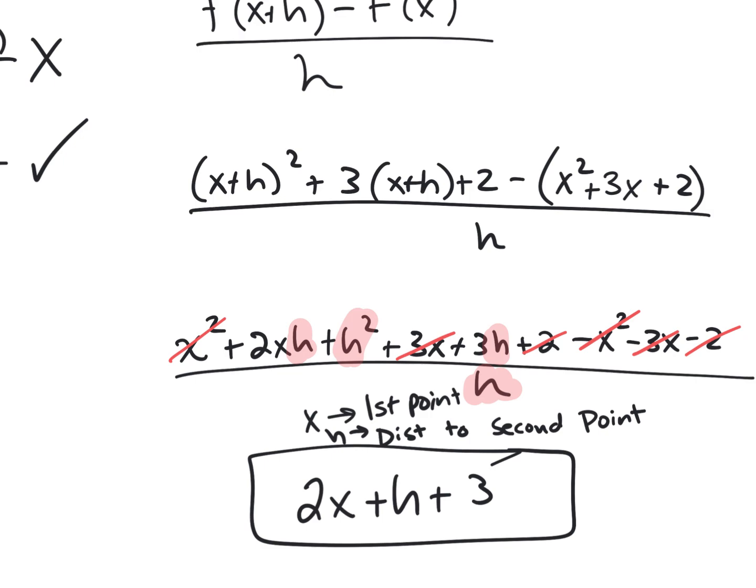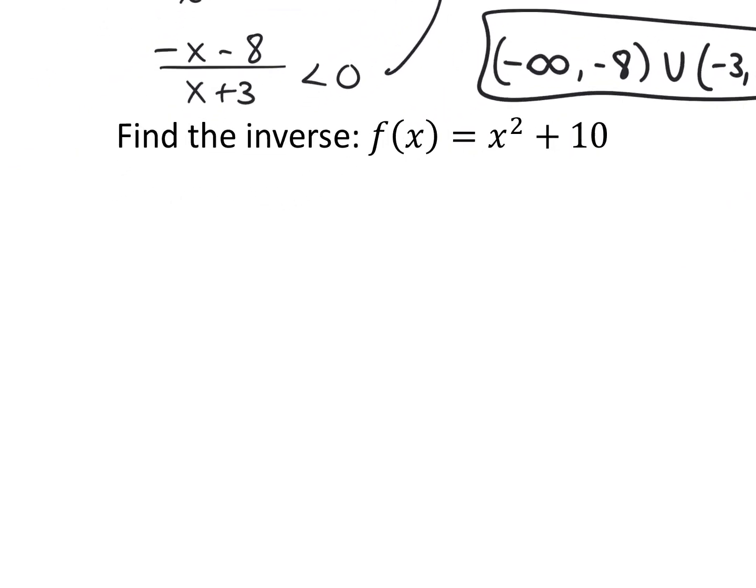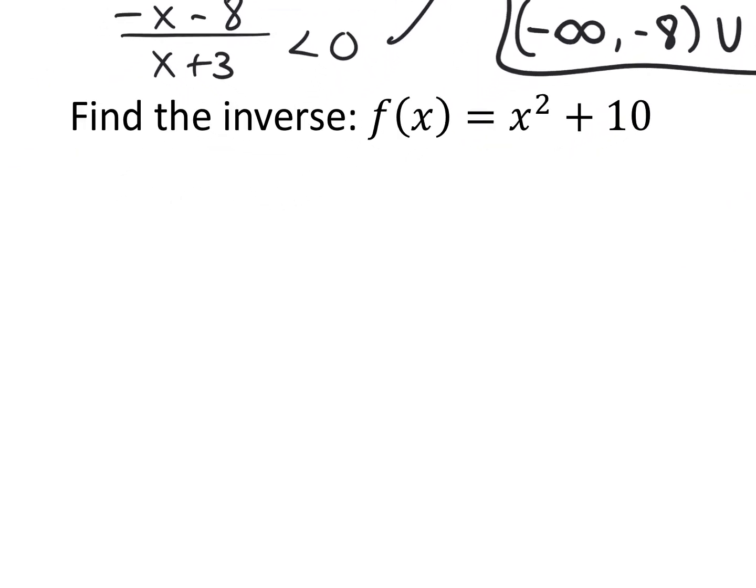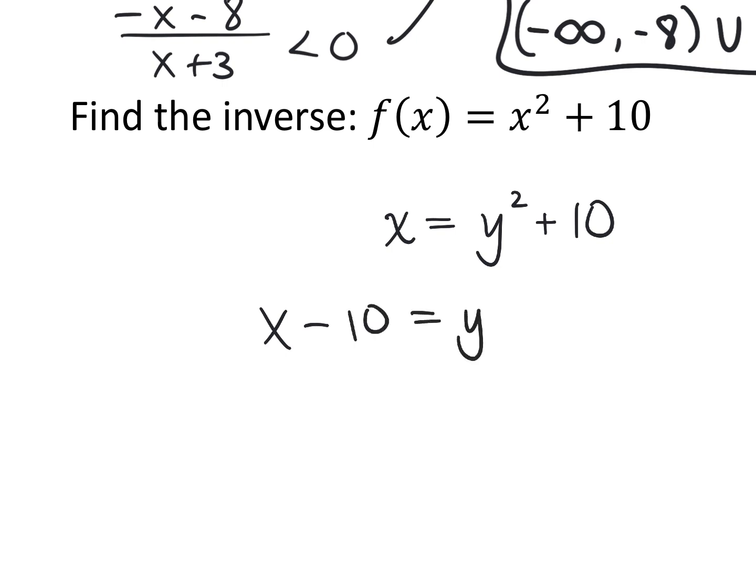So if I know those values, x and h, I can find the slope between those 2 points at any time. Last thing we're going to do is related to solving, but this is going to be defined in inverse. The way we find an inverse is we flip our variables and then solve for y. So you can see here our inverse is going to be plus or minus the square root of x minus 10.